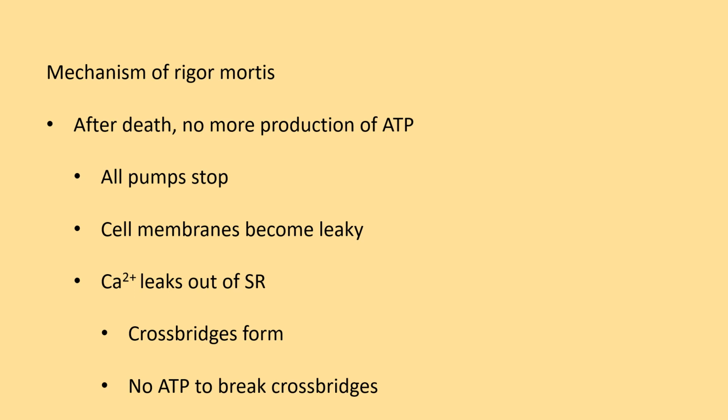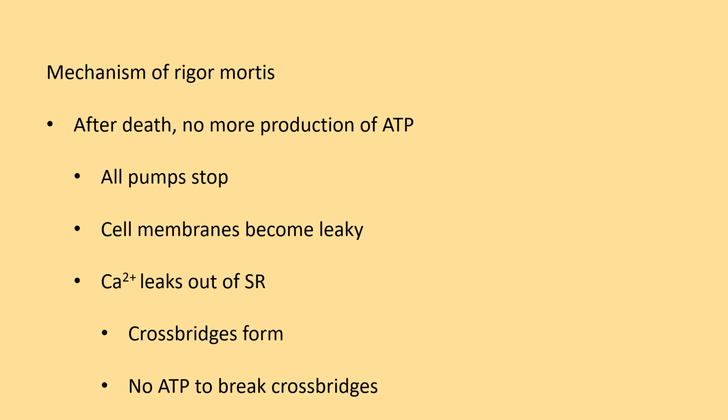They have no more ingredients for making new molecules of ATP. The cardiovascular system isn't functioning anymore, so there's no new delivery of oxygen and glucose. So cells run out of ATP, and that's really when individual cells die. They can't maintain homeostasis without ATP, and if there's no homeostasis, there's no life.